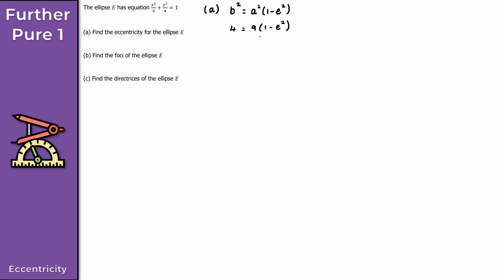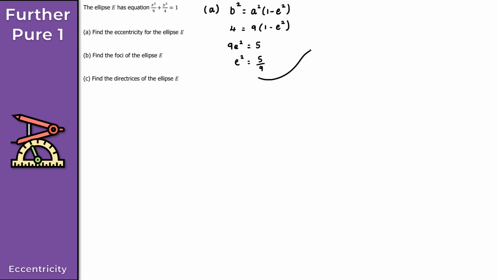Expanding the right-hand side, we get 9 minus 9e squared. I'm going to add 9e squared to both sides and subtract 4 off both sides. That gives 9e squared is equal to 9 minus 4, which is 5. Dividing both sides by 9, we get e squared is equal to 5 over 9.